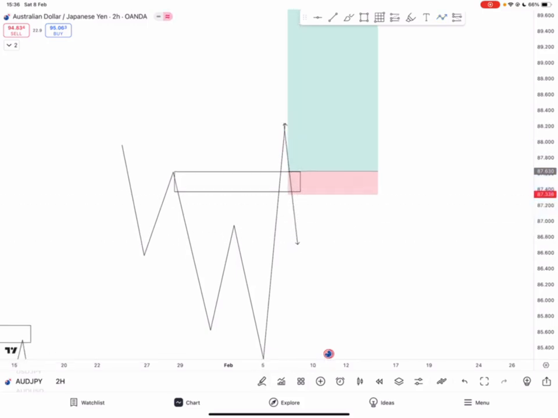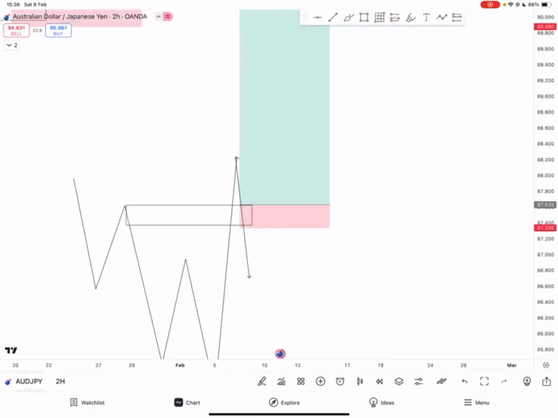This is now the failure of that breaker block. So I'm trying to tell you that the failure of that breaker block that you are looking to take is what creates a reclaimed block.